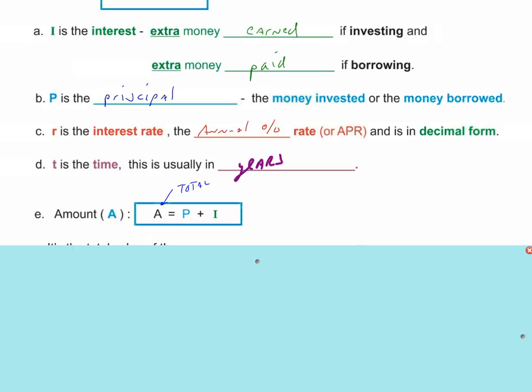And remember, the total is the principal plus the interest, right? The P plus the I. For example, let's suppose somebody had a $10,000 bond at your birth, and now you're 12 years older.